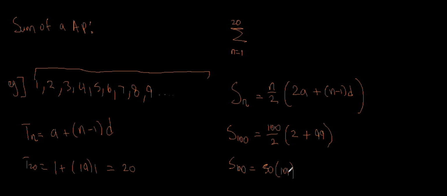And the answer is the same as from the Gaussian method. I like to show that different methods in maths are logically equivalent. What I mean by that is you could do different methods and get the same answers. So 5050. And you could do this any amount of times.